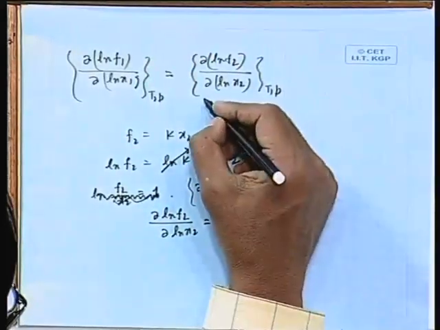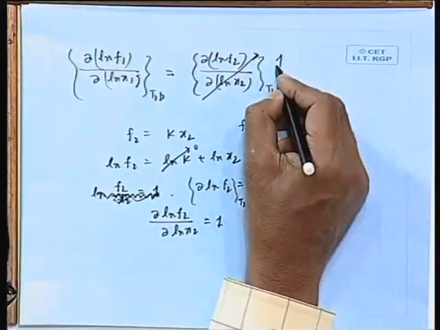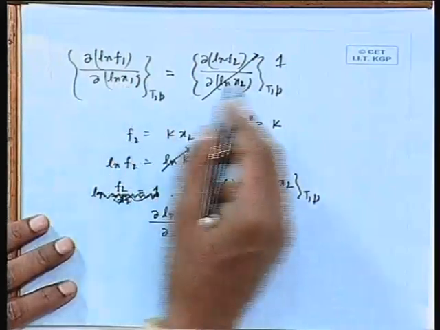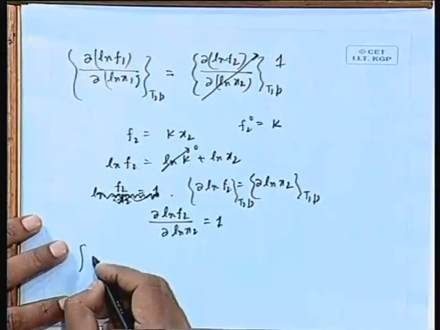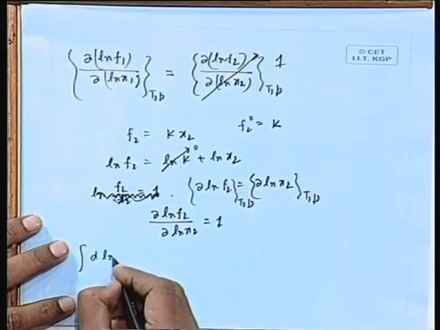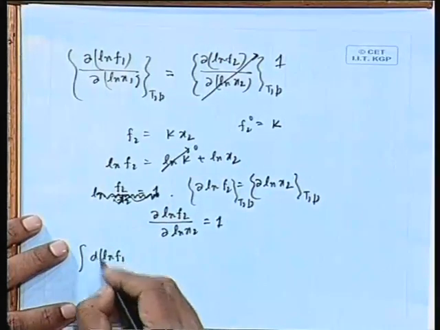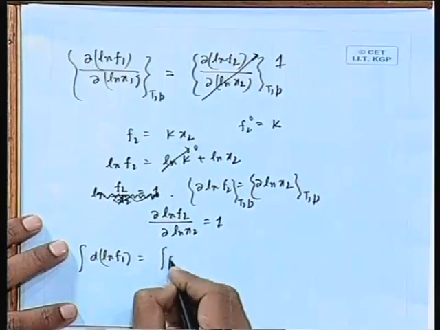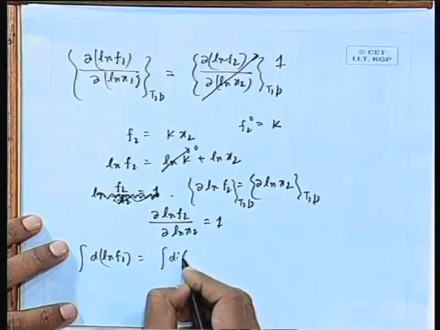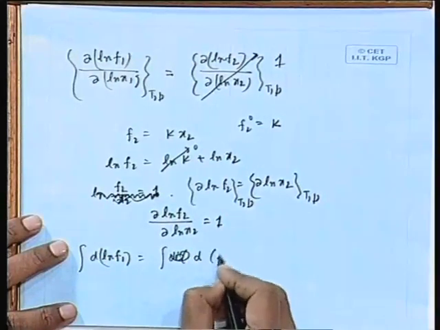If we write this as 1, so del ln F1 by del ln X1 is 1, that means we can write the integration of d ln F1 is equal to the integration of d ln X1.